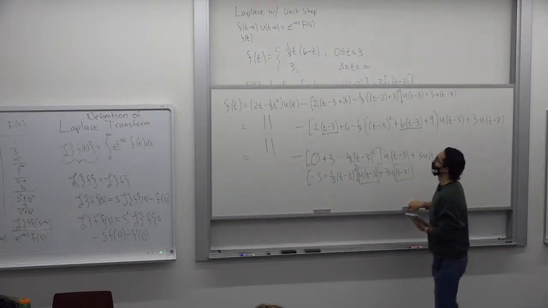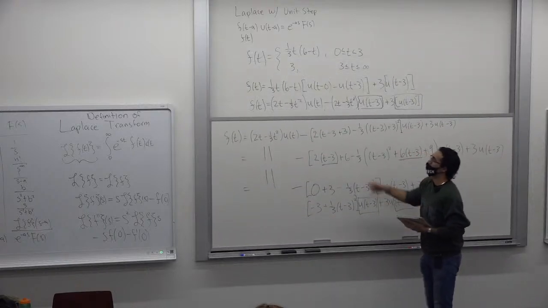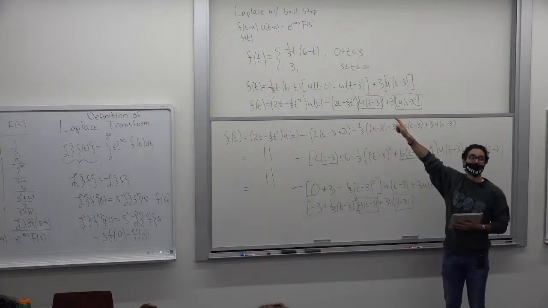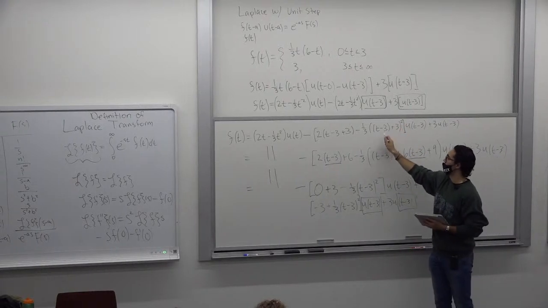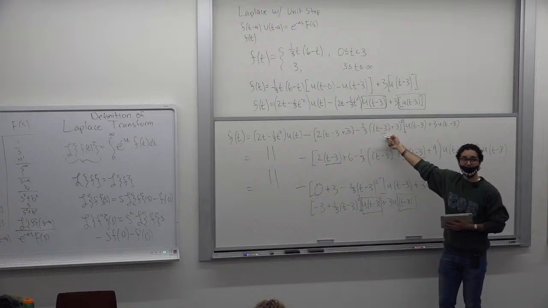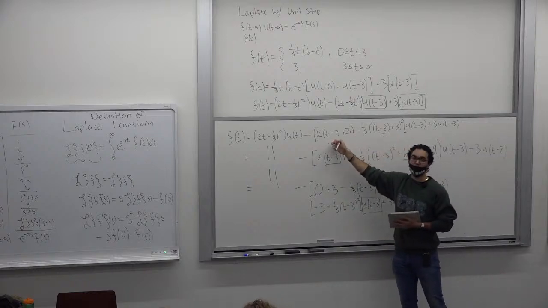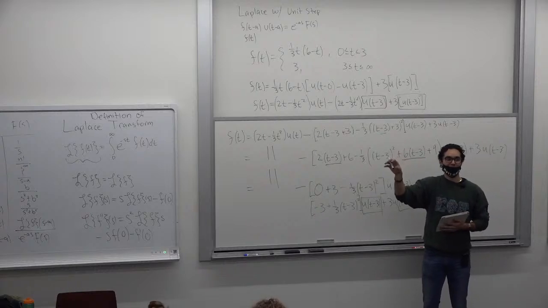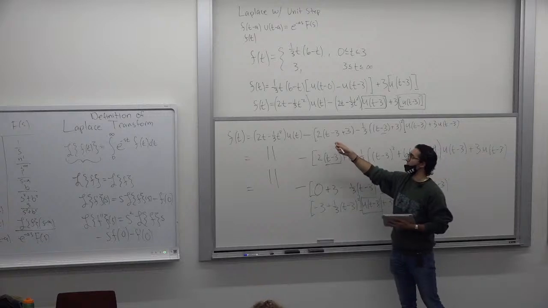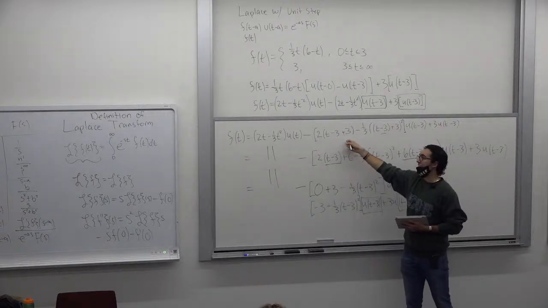Okay. So our formula says that we have to have it in the form f(t minus a) u(t minus a). So since a is 3, we have to be in terms of t minus 3. But we can't just insert minus 3, because then that throws off the equation. So every place we have a minus 3, we also have to add 3.